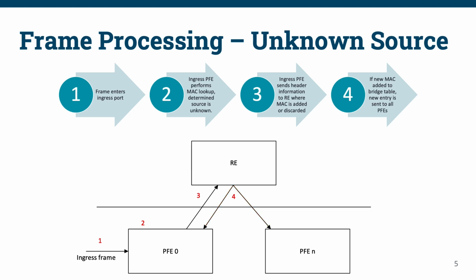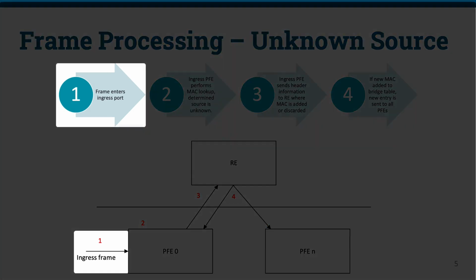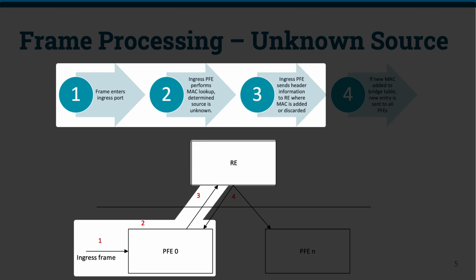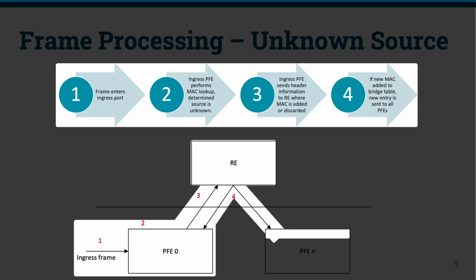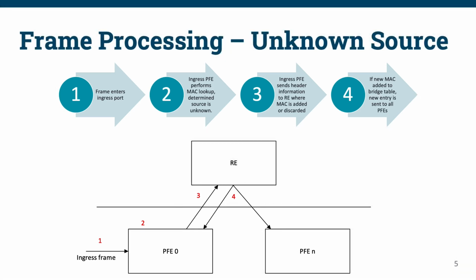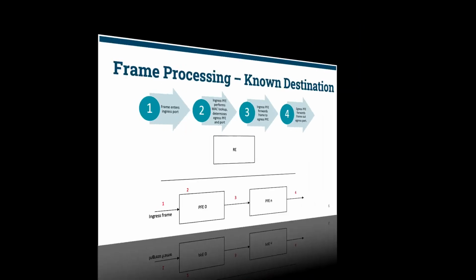As we see in the flow diagram, the frame comes in, source is looked up by the ingress PFE 0, header is transmitted to the RE, and the new bridging table entry is then communicated to all PFEs in the chassis. Now, let's take a look at what happens when the source and destination are known.